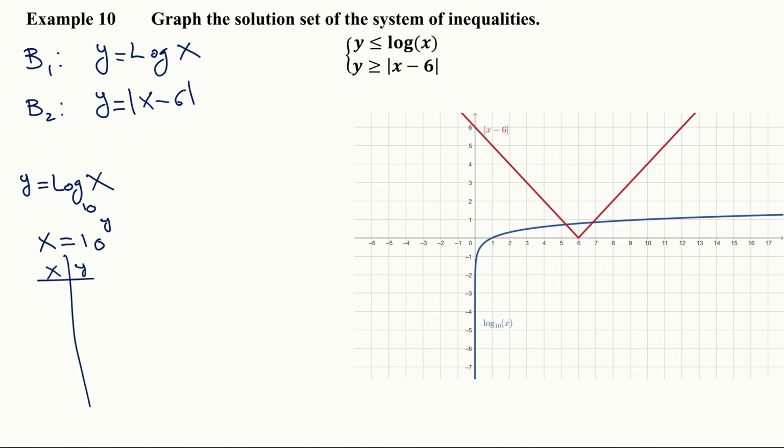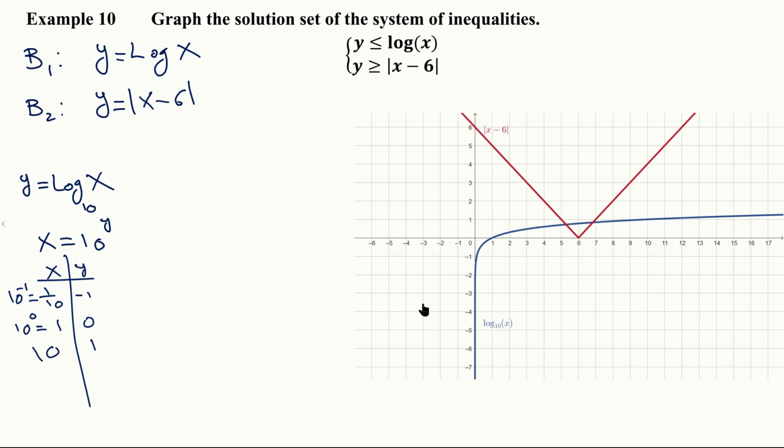Now, don't forget that here we're going to give y values and then find the corresponding x values. So let's say I just do -1, 0, 1, right? So -1 gives me x equals 10 to the -1, which is 1/10. 0 gives me 10 to the 0, which is 1. And 1 gives me 10 to the 1, which is 10.